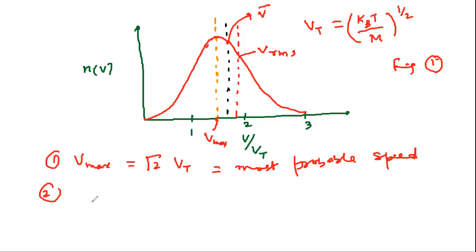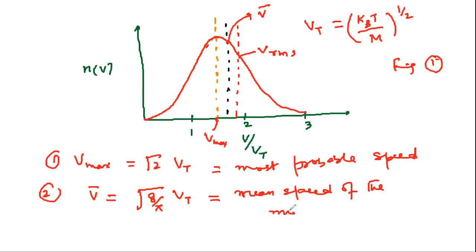Then this other speed V bar, what is it? It turns out to be equal to square root of 8 by pi times v_t. It is the mean speed, or average speed, of the molecules of the gas.